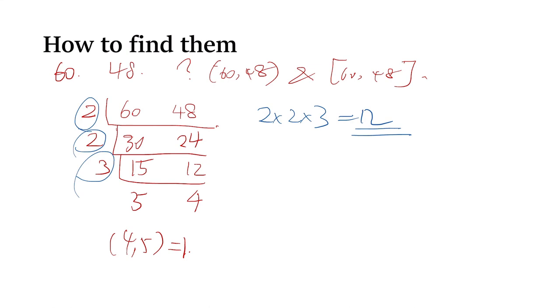And what about the least common multiple? So you just need to multiply more, like add these. Okay, so the LCM is 2 times 2 times 3 times 5 times 4. Okay, so 12 times 20, 240.